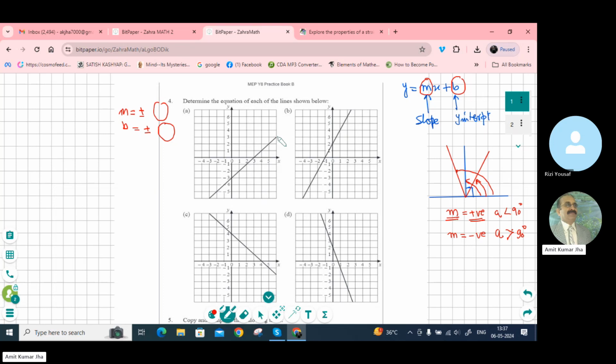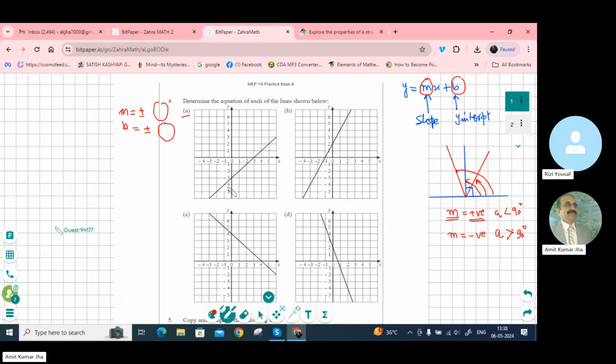I will just explain one question, and then accordingly you will do the rest of the three questions. See here, in this particular question, part A, what do you notice? The angle is less than 90 because 90 will be this line, and we are considering this the x-axis, but this line is midway, so it is less than 90.